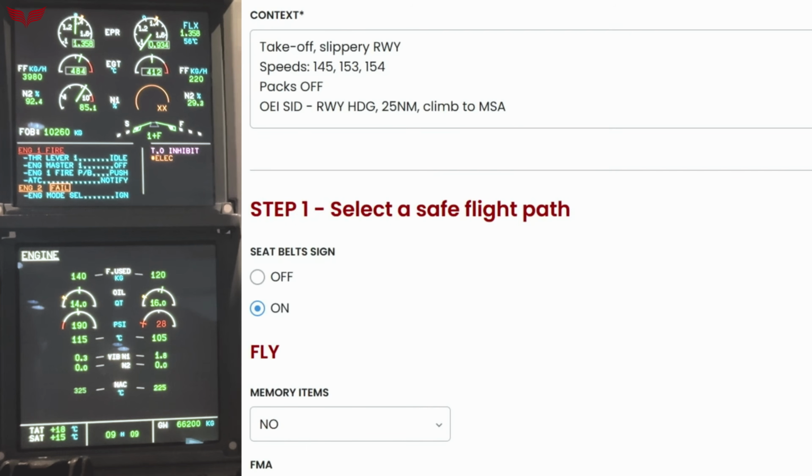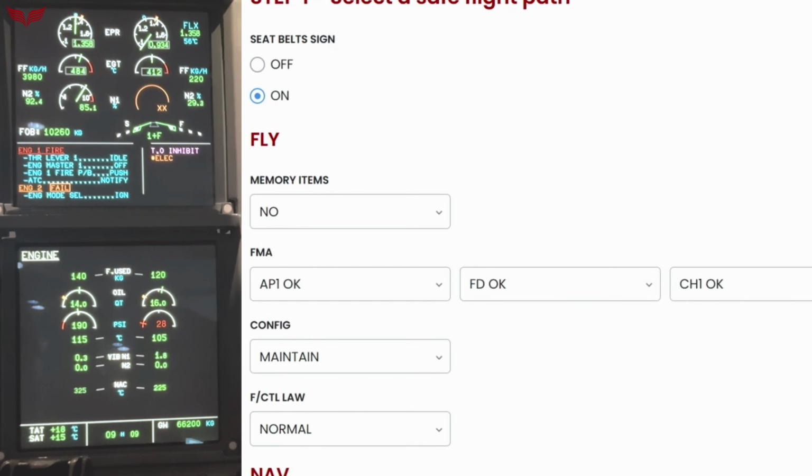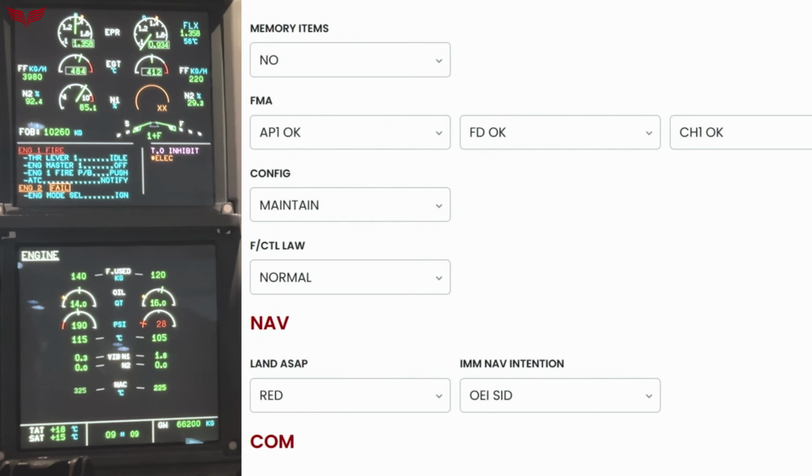Step 1. Select a safe flight path. Seatbelts are already on. Fly. Any memory items? No, just the engine failure drill. Rudder, rotate slowly, trim, autopilot in, heading, and consider TOGA, but maybe not a good idea in this case.